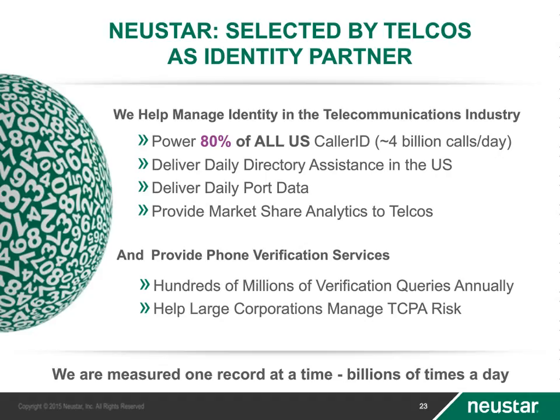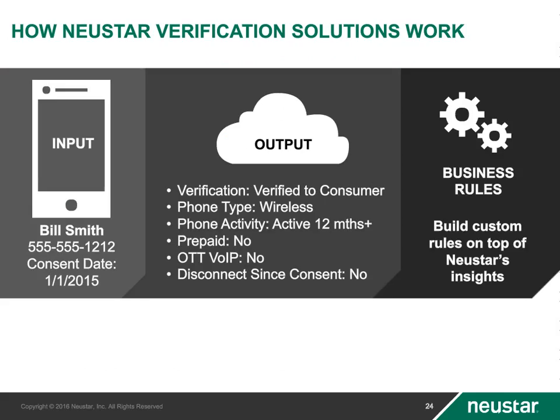So let's talk a little bit about how our verification solutions operate. We've designed the verification for TCPA solutions specifically to address the key points within the TCPA regulations to make sure that all of those checkboxes that we talked about earlier, we're providing insights on each one of them.